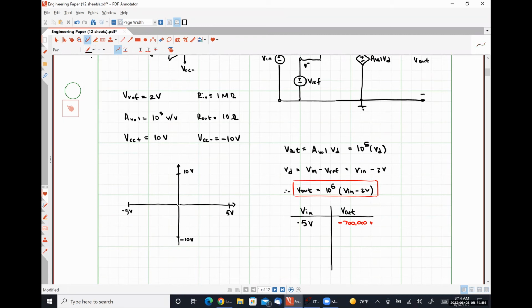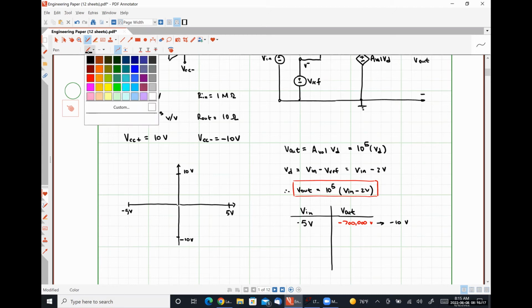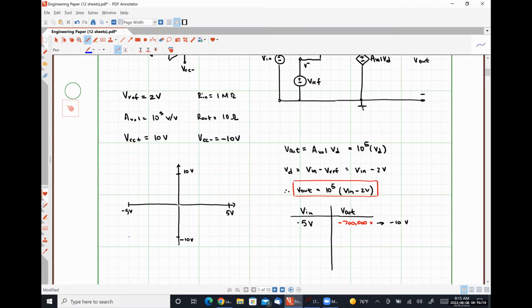Since negative 700,000 volts is much more negative than our supply voltage VCC minus, the actual output voltage is going to saturate down to negative 10 volts. So we have effectively a point right here on our graph.